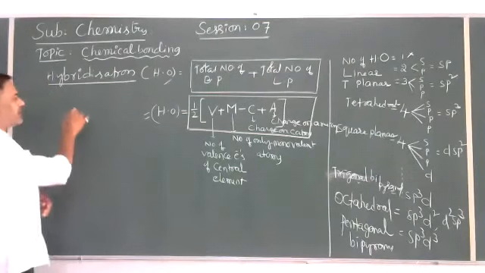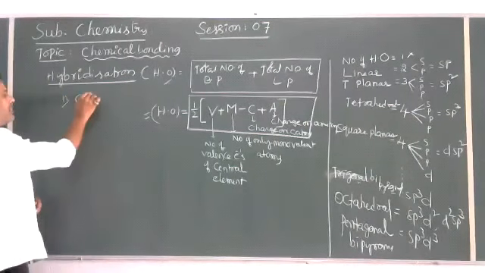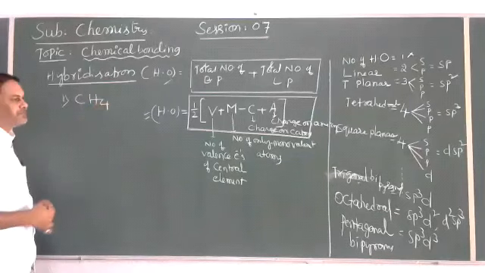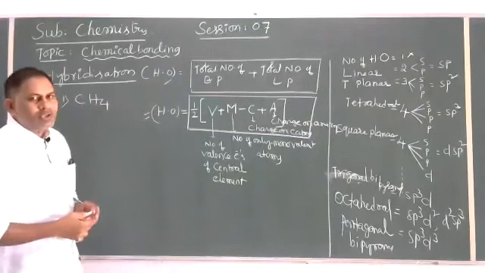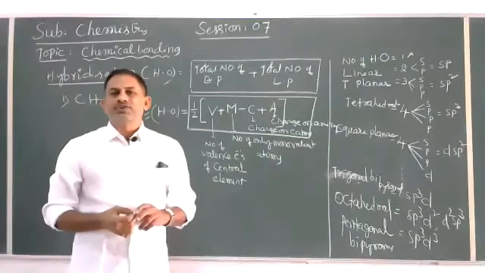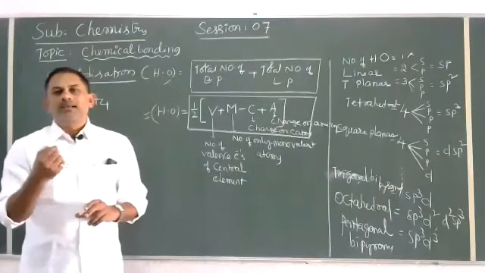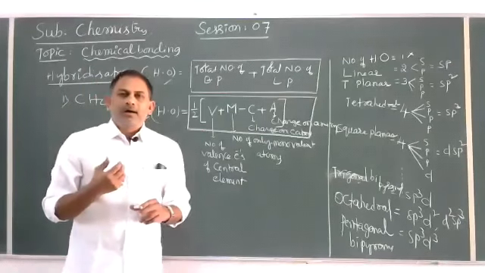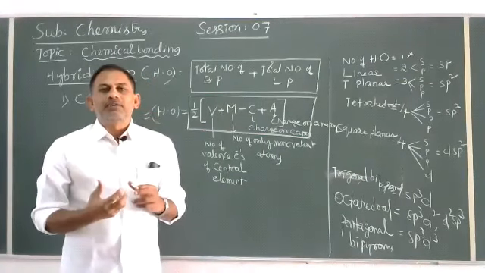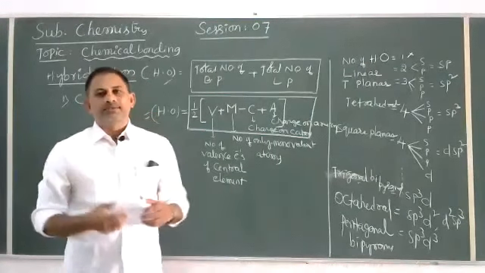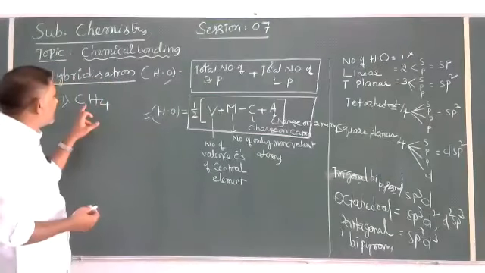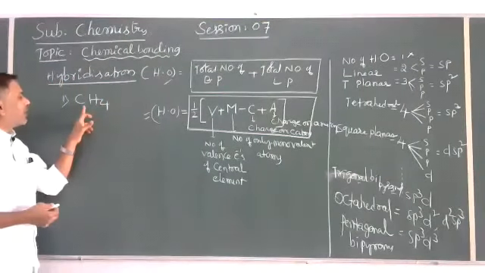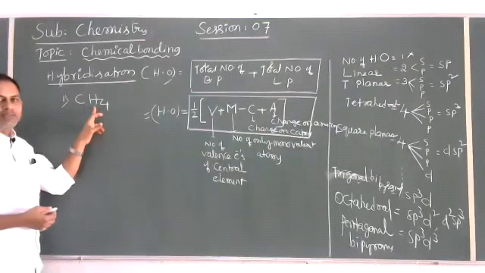See here, I'll take one best example, the CH4 molecule. Generally, the central atom is the less electronegative element, or the element which is bonded with more number of other elements. In CH4, around carbon 4 hydrogen atoms are bonded.